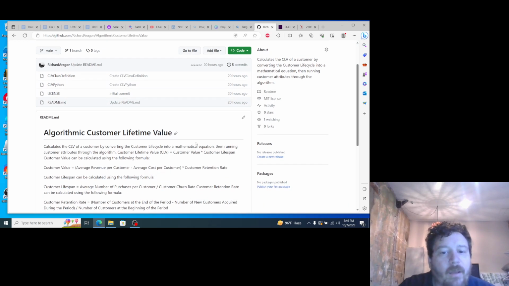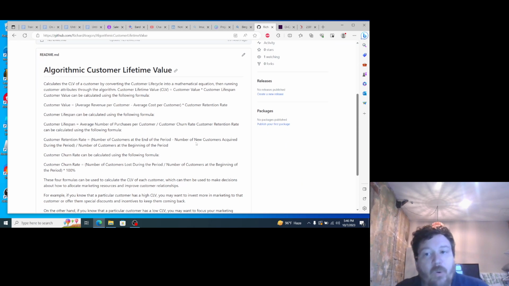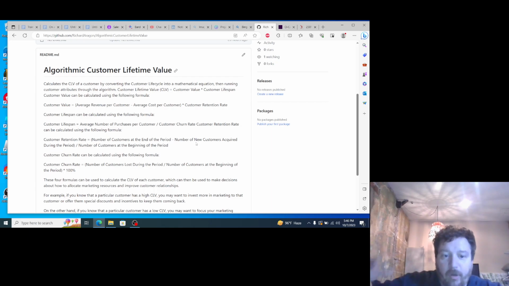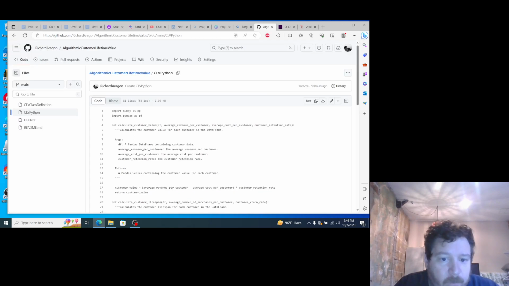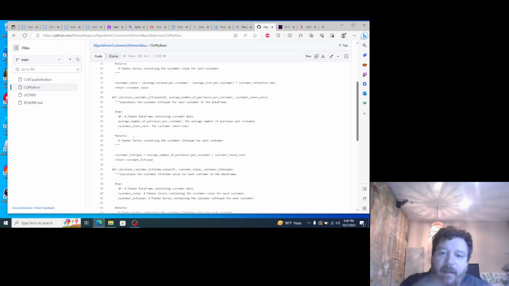If you want to calculate the CLV of a customer using the typical customer journey, awareness, etc., the whole marketing aspect, here's an algorithm that will give you outputs based off of that.